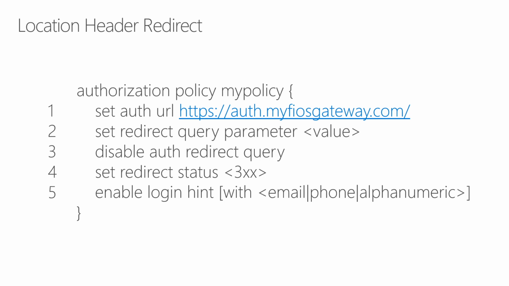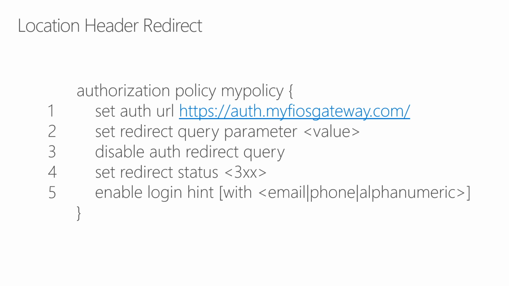Usually the query redirect parameter will redirect the user to https auth myfiasgateway.com, and then it will use the query parameter question mark redirect underscore URL and the URL you're being redirected from.